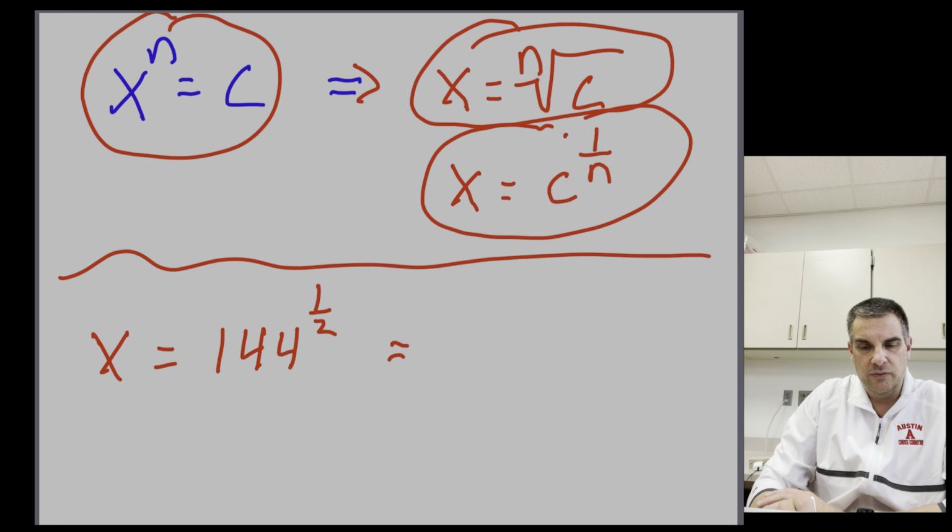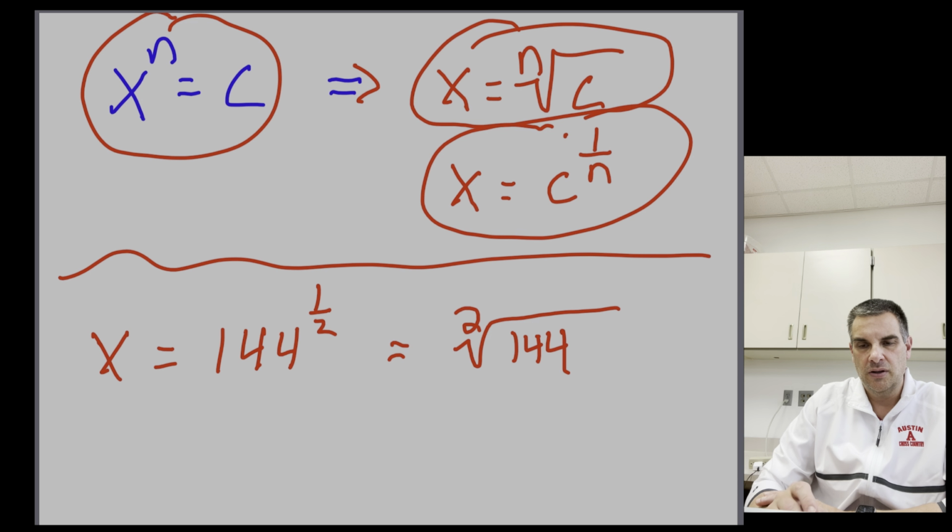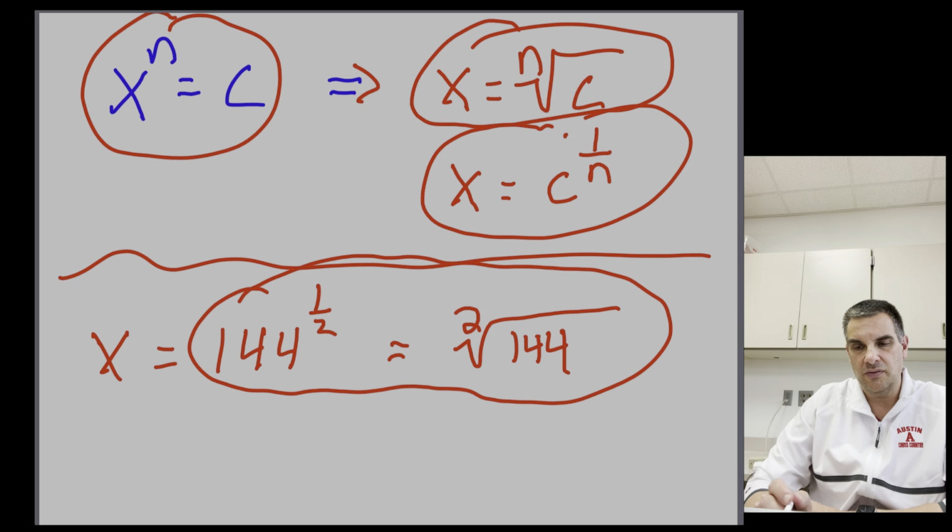Well, 144 to the 1/2 power is the same thing as the square root of 144. These two things are equivalent to each other. If you notice, my denominator is my root. My c value, my radicand, goes underneath my radical symbol. So that would be the square root of 144, which is just going to be 12.